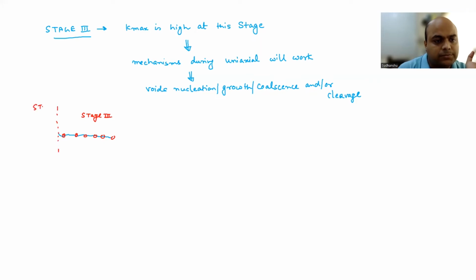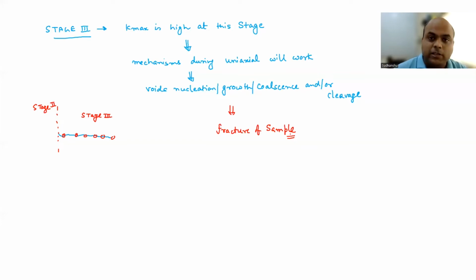Here you have stage 2. And finally, it will lead to fracture of the sample. Okay, so this is how fatigue crack propagation occurs in different stages. It enters stage 1, then goes to stage 2, and finally to stage 3, which leads to the fracture. Okay, so this is the mechanism of crack propagation. We'll discuss the striation formation in the next class.